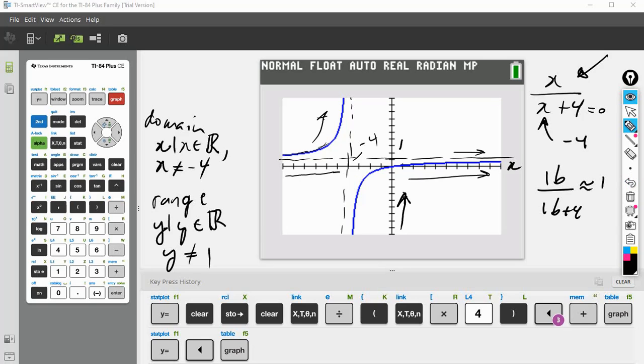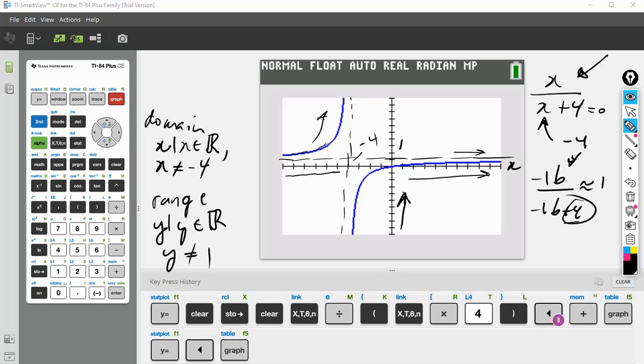It doesn't matter if it's -1 billion, right? Because if you do -1 billion over -1 billion plus 4, that's still going to be very close to 1. We're talking about billions, but let's talk about trillions. This 4 becomes almost insignificant.